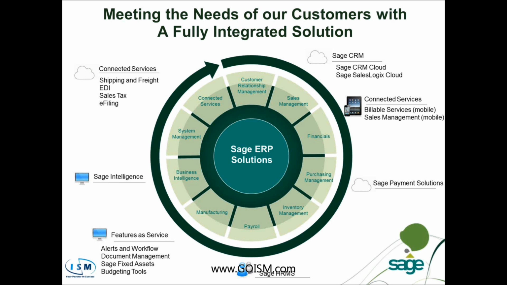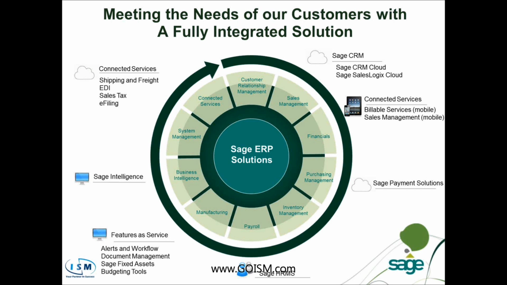The back of the house is what we consider core financials, inventory management, manufacturing, payroll, things of that nature. What we're going to talk about is the front of the house, and that's really where CRM touches. Sage has done a really good job of delivering a pretty complete application that services all those things in the back of the house that you're looking to do.